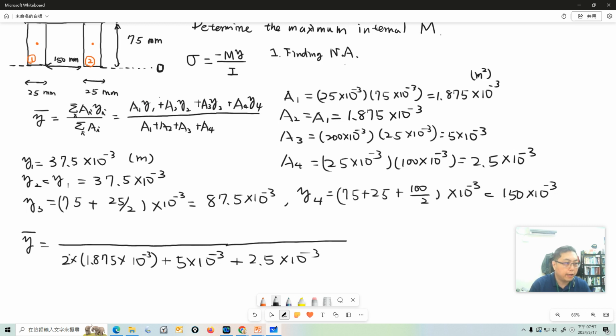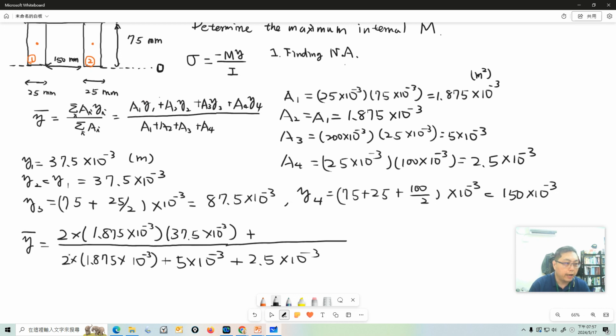And then A1 Y1 plus A2 Y2: they are actually the same, so 2 times A1 Y1 will be fine.